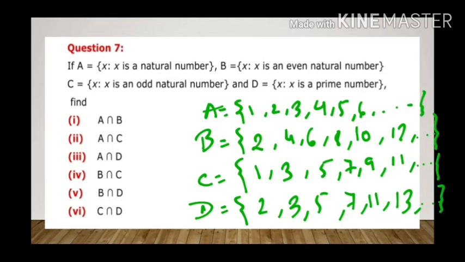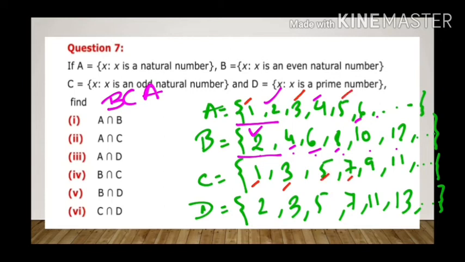Now if you look at A set and B set, you can see all the elements of B are contained in A. 2 is here, 4 is here, 6 is here, 8 is also here. That means B is a subset of A. Similarly, C is also a subset of A, because 1, 3, 5, 7 belong here.